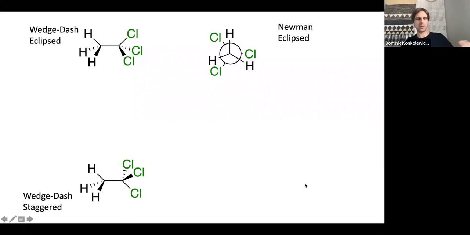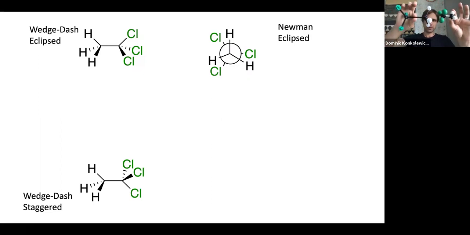So we can represent those in the wedge-dash form in the staggered configuration. They both represent a wedge-dash conformation with a CH bond and a CCl bond flat along the screen, CH bonds coming towards you, CH bonds going away from you, CCl bonds coming towards you, CCl bonds going away from you. Same in this type of representation.